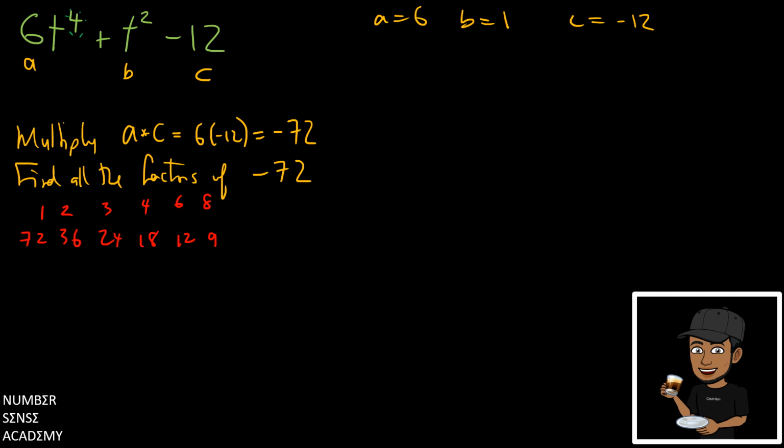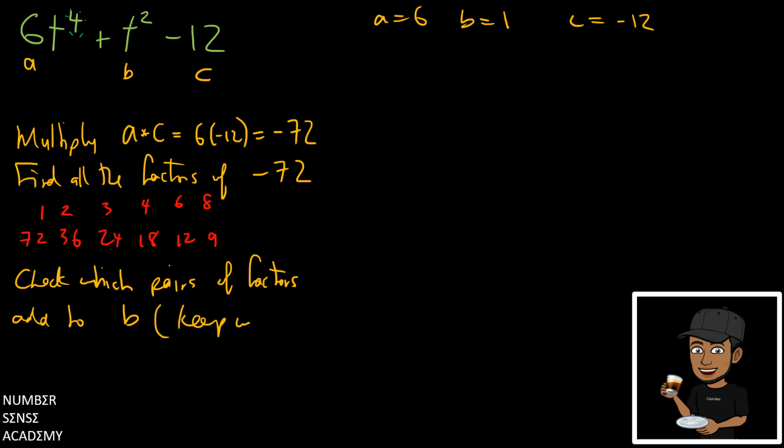Okay, once I have that, what I need to do now is check which pairs of factors add to B, right? And then keep in mind the negative signs.